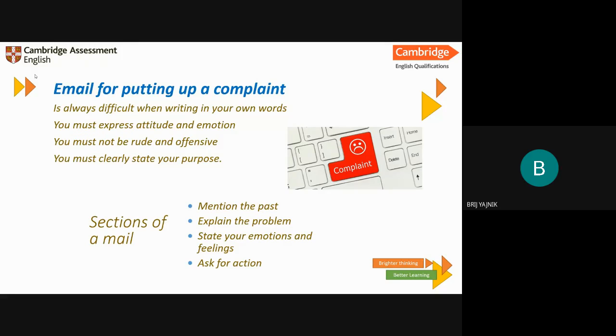Now remember one thing. Whenever you're writing an email of complaint, there are these 4 sections. First, you talk about the history. You need to talk about the history because that's compulsory. You need to mention the past. The second thing is you need to explain the problem that you are facing or you have faced, right?